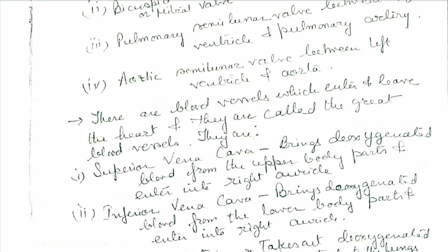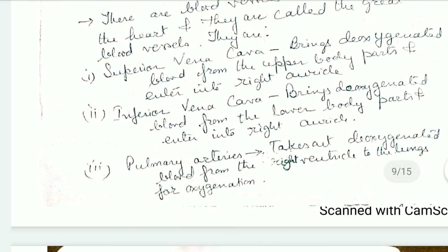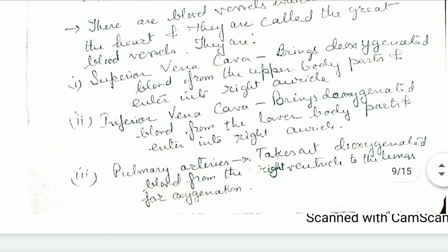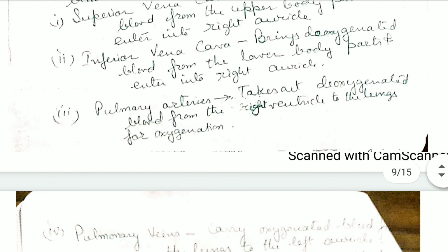They are the superior vena cava, which brings deoxygenated blood from the upper parts of the body and enters the right atrium or auricle. Then the inferior vena cava brings deoxygenated blood from the lower parts of the body and enters into the right auricle. Then we come to the pulmonary arteries, which take the deoxygenated blood from the right ventricle to the lungs for oxygenation.